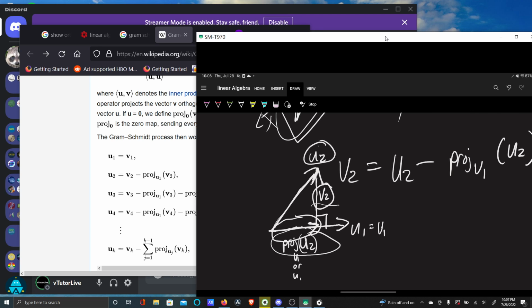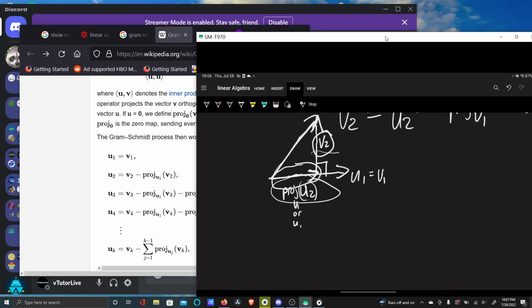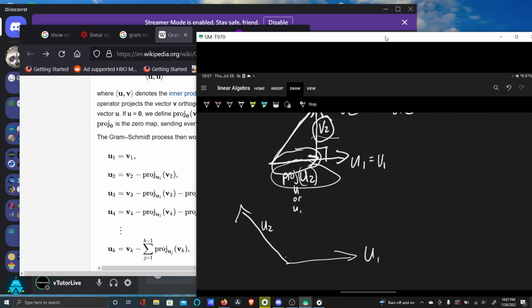Yeah. So keep in mind, maybe U1 and U2 look like this instead. But that's okay, right? The logic is still the same. We still want to find the orthogonal part. And to do that, the critical thing to find first is the parallel part, which is just the projection.